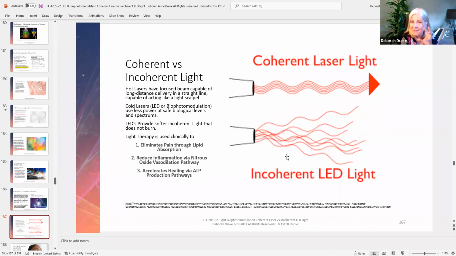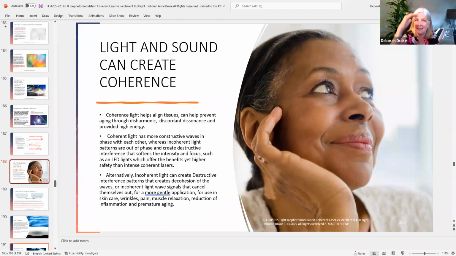Okay, so that's the major picture I want you to leave today with in your mind, knowing that the light and sound coherence create harmony in your body. They dispel the discordant and disharmonic resonances. They have very high energy to make constructive waves to burn things. You can use LED light therapy for skin, but they are using lasers and coherent light in the eyeballs to actually use destructive interference to cut the eyeballs and change the retina for laser surgery, right?